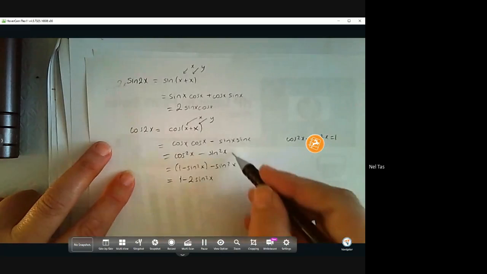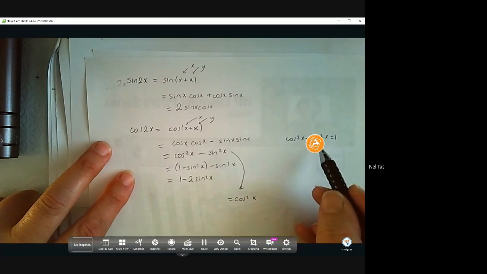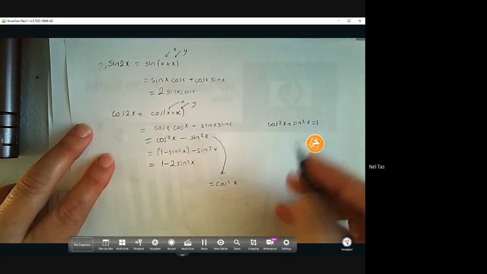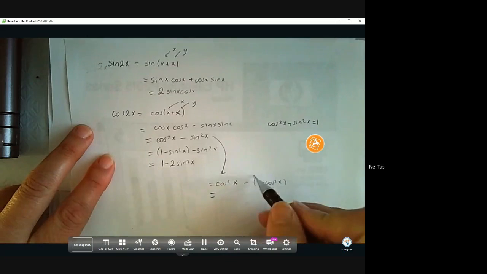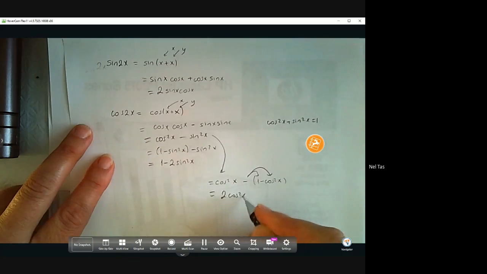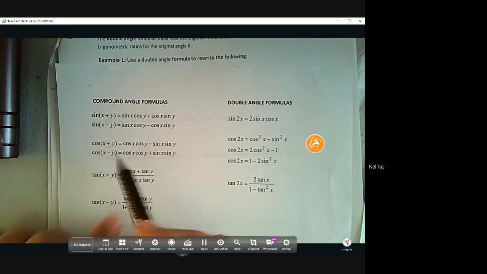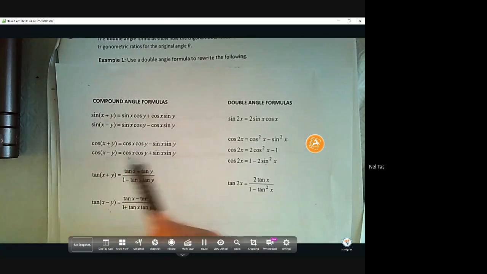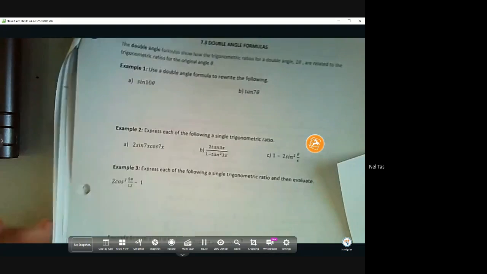Also, from here, if you replace sine square x with 1 minus cos square x, and expand this bracket, distribute the negative sign, you end up with 2 cos square x minus 1. So again, these formulas can be derived from compound angle formulas. Let's do some practice questions here.